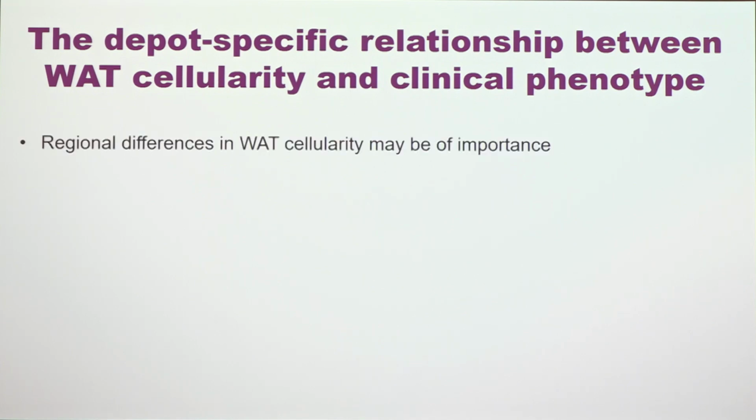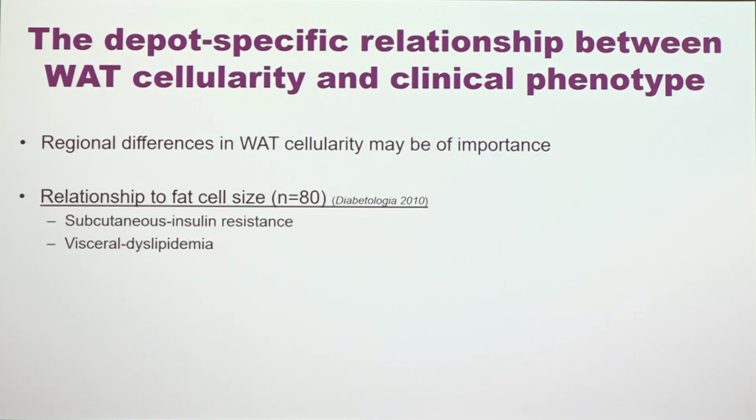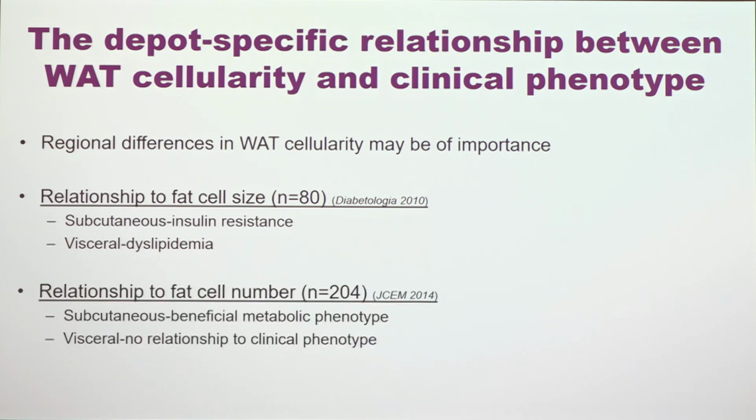So regional differences in adipose tissue cellularity may be of importance. If you look at the relationship between fat cell size in the subcutaneous adipose tissue, you see that there's a very close relationship to insulin resistance, while big fat cells in the visceral adipose tissue correlate primarily with dyslipidemia. And what about fat cell number?